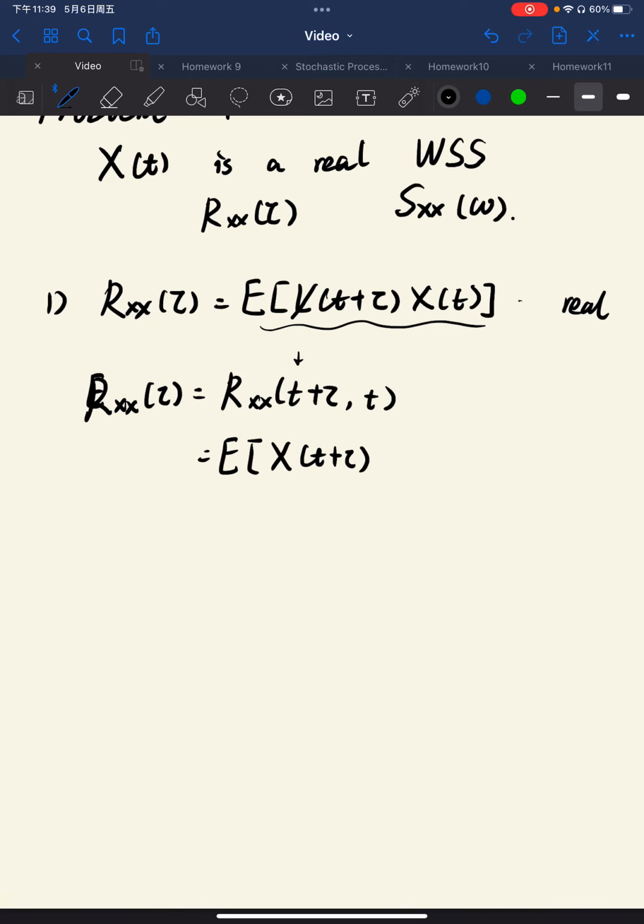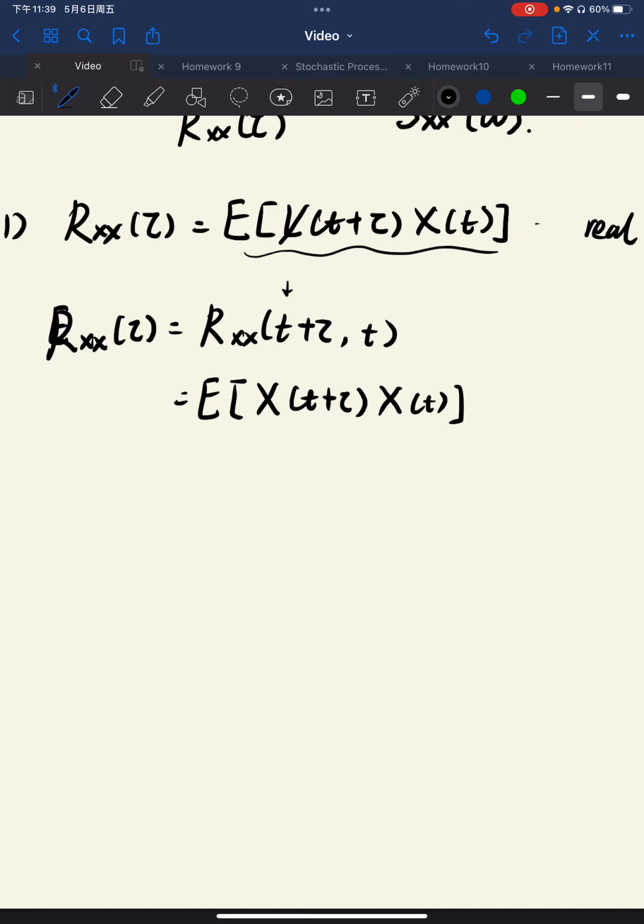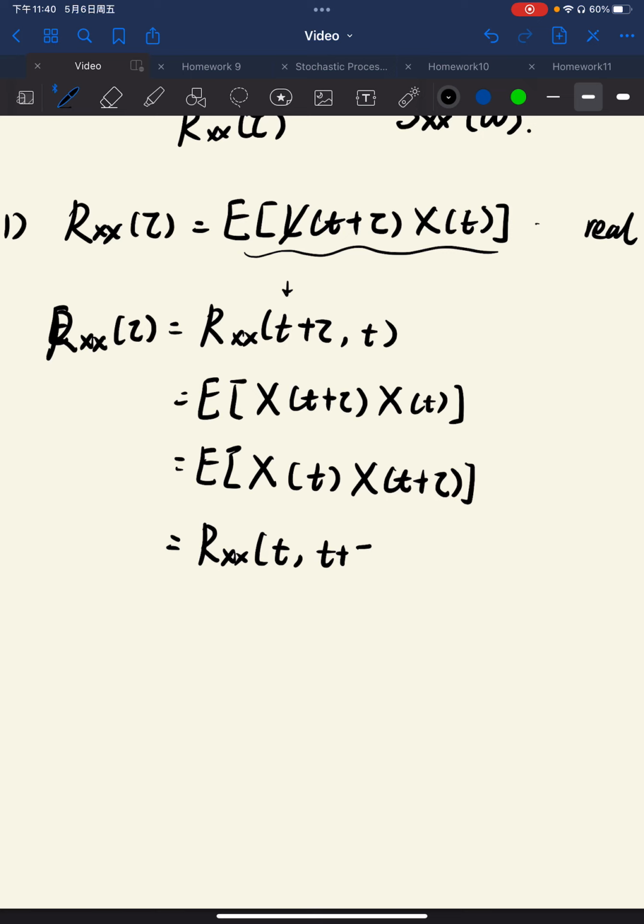Changing the order doesn't affect the result, so the expectation can be put together, and change its order as t and t plus tau correlation.